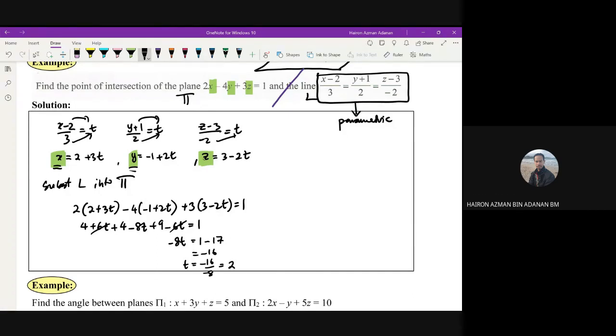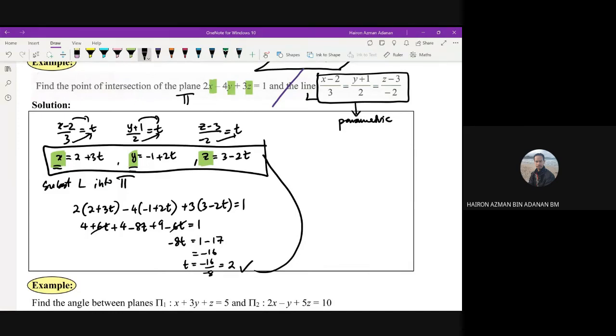After you get the value of t, then you substitute back into parametric equation tadi. Just substitute balik dalam parametric equation. Then you get the value of x, y, z.